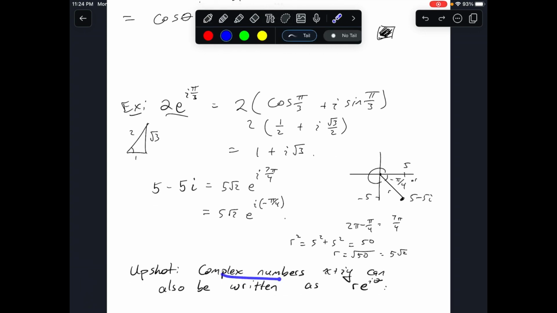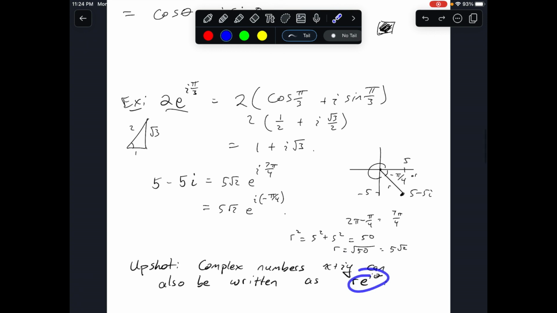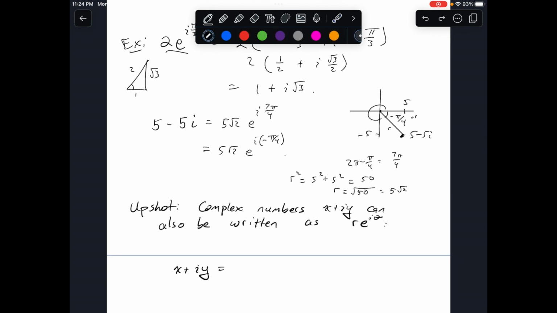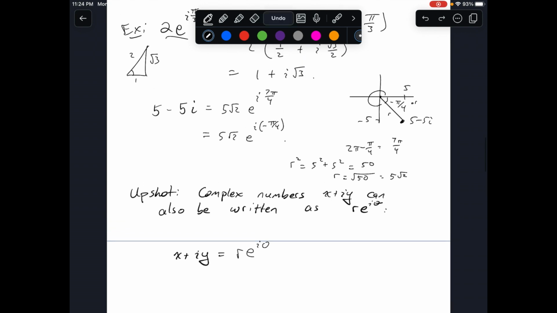And so the upshot is that complex numbers x plus iy can also be written as r times e to the i theta, right? And in general, x plus iy, you could write this as, sorry, what am I trying to say here?